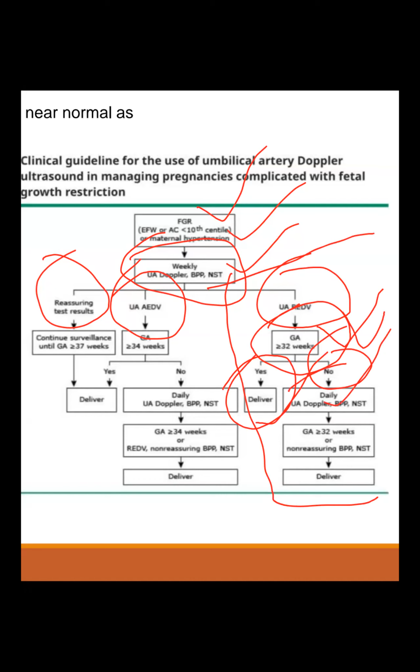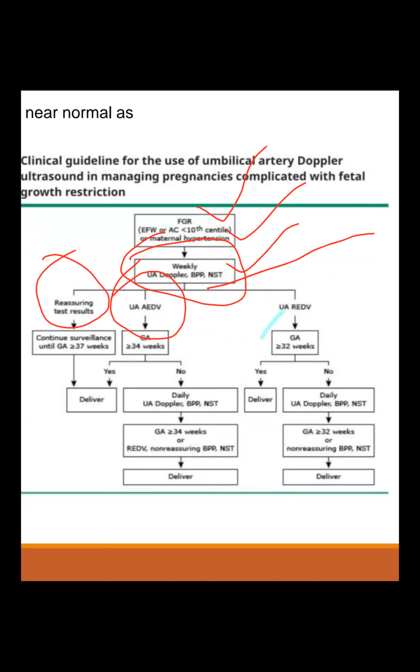So in Dr. Badhan's case, we do the non-stress test. When gestational age reaches 32 weeks, or if the tests are non-reassuring, we can't be sure the mom can continue the pregnancy, so we have to deliver.